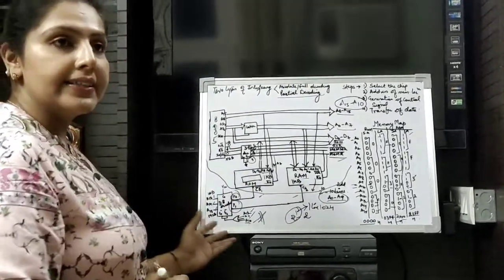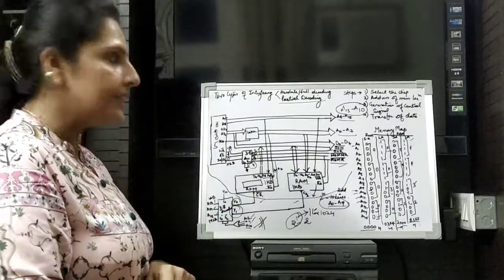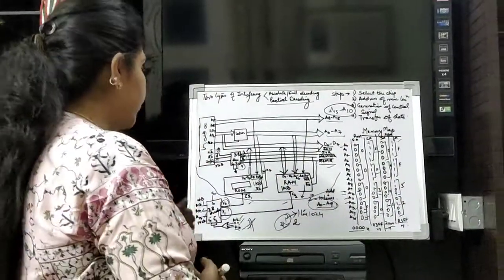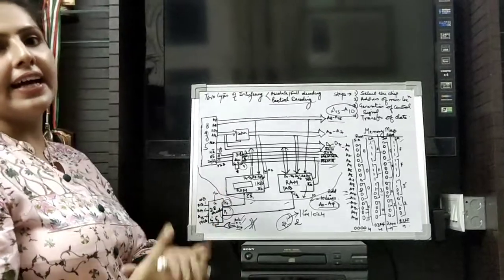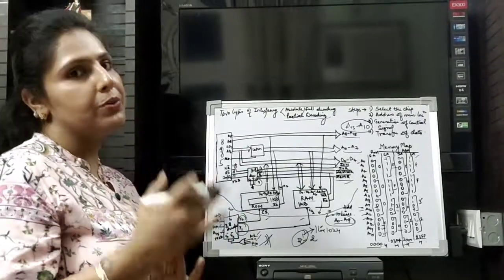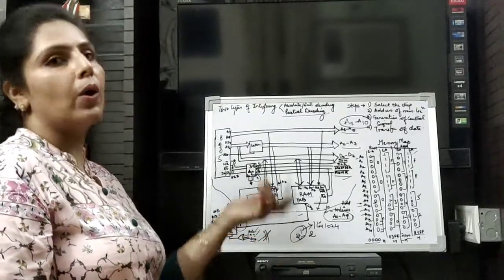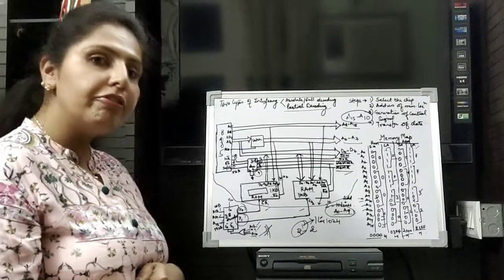The question arises: what happens to the other address lines, and how do we make the memory map? The lines which are not in use are taken as don't care, the same as we used in digital electronics. Don't care can be taken as 0 or 1. So here also we can map it with the help of don't care.